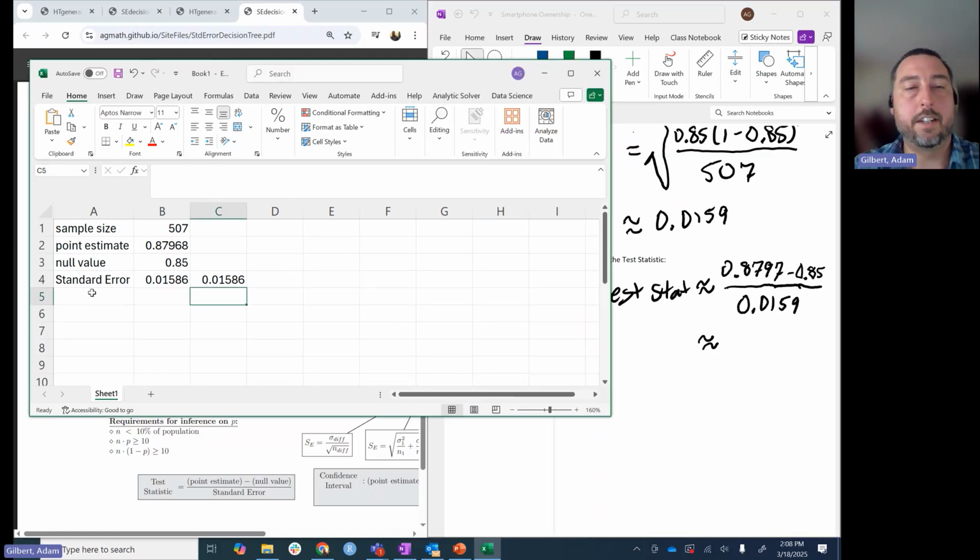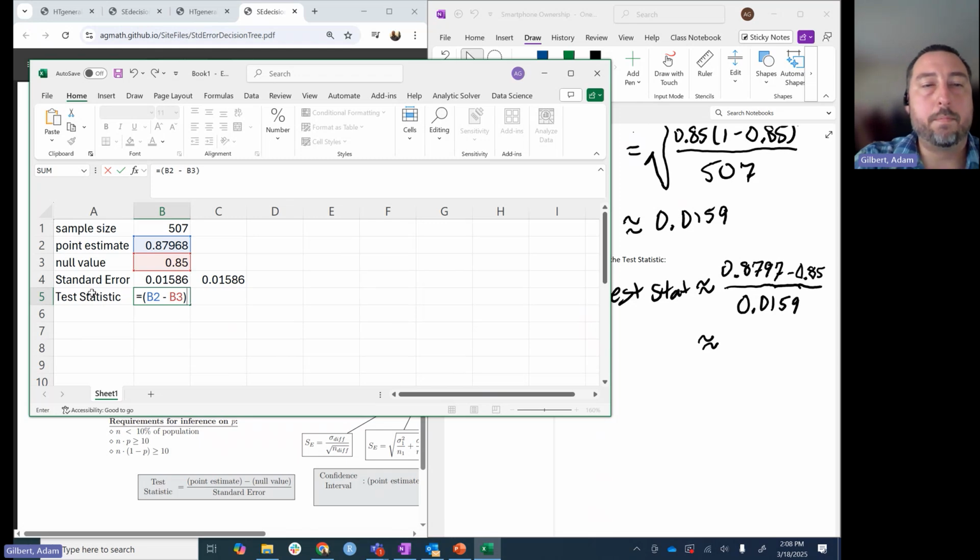So test statistic here. And again, you can hard code or use cell referencing. I'm going to use cell referencing. So this is equal to B2 minus B3. So that's our point estimate minus our assumed null value. Make sure that you're wrapping these up in parentheses.